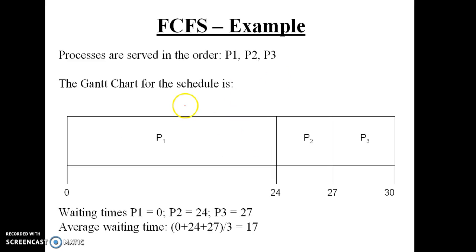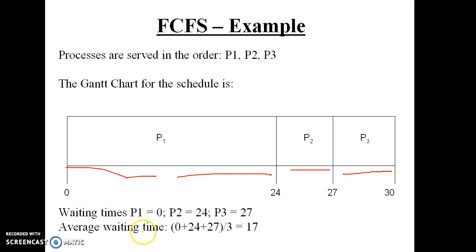Initially P1 arrives, and its burst time required is 24. So we allocate 24 to P1, and after its completion the second process will get the CPU. The second process requires a burst time of 3, so 24 plus 3, 27. And the last process requires 3 milliseconds, so 27 plus 3 equals 30.